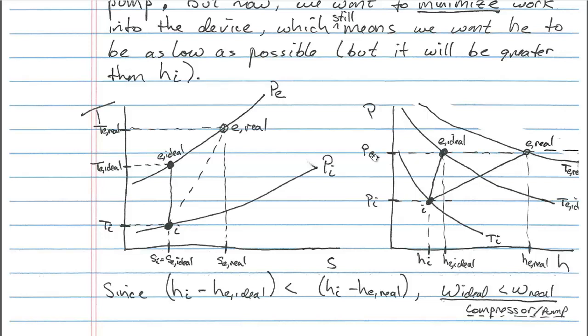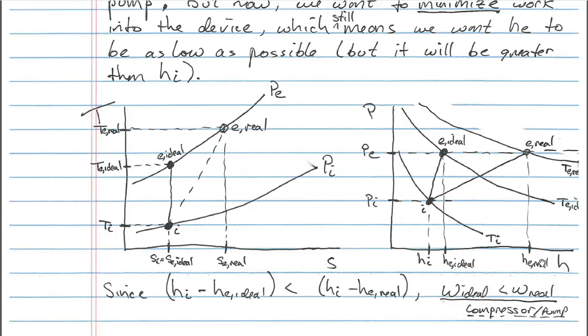So where that exit pressure intersects the ideal exit temperature gives us our ideal exit state, this E comma ideal, and we drop this down to get our ideal exit enthalpy. Likewise, our real exit temperature is higher than the ideal exit temperature at the same exit pressure, so this gives us our real exit state, this E comma real, and that tells us what our real exit enthalpy is.